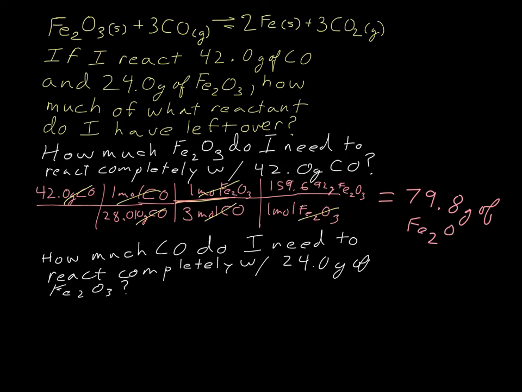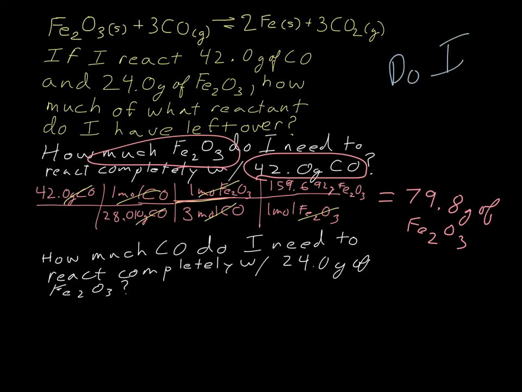So if I'm to react 42 grams of carbon monoxide with iron 3 oxide, I need 79.8 grams of iron 3 oxide. Do I have that much iron 3 oxide? No, I don't. So what does that mean?